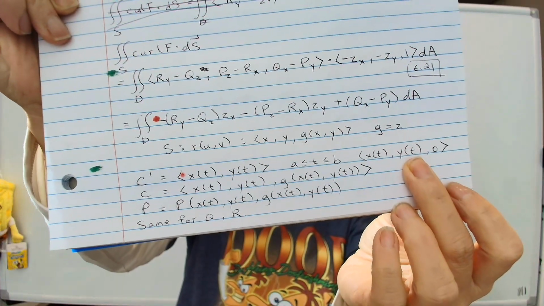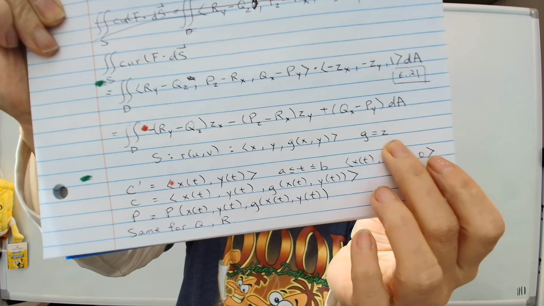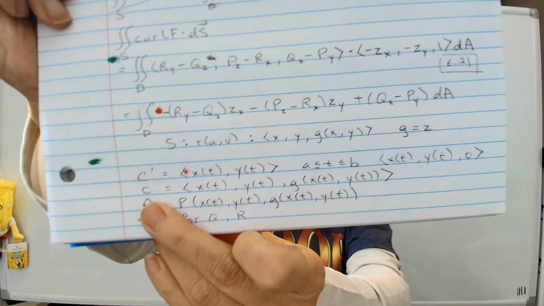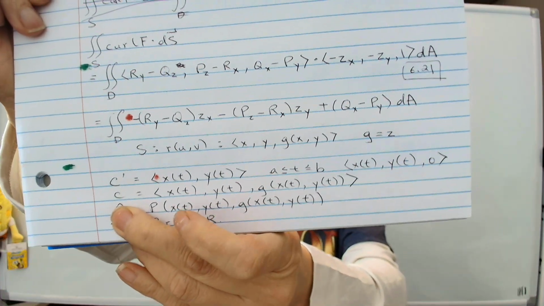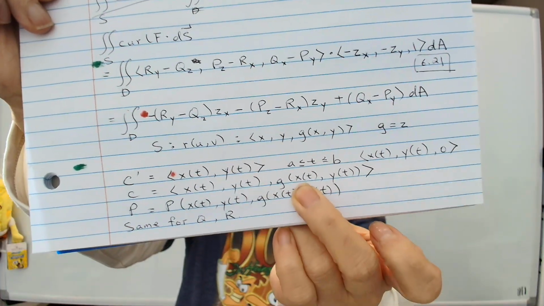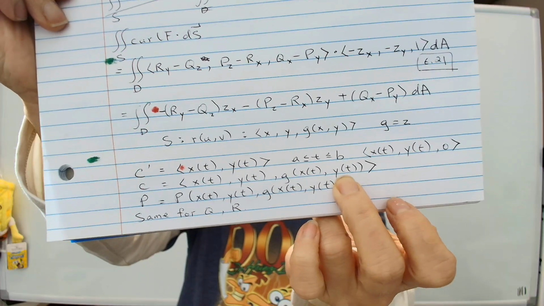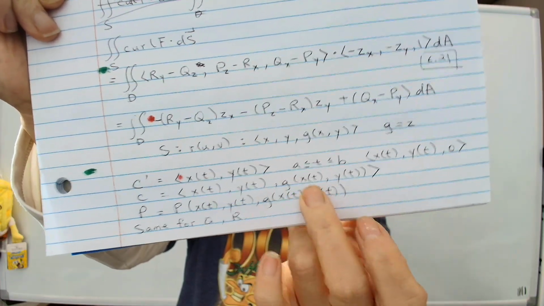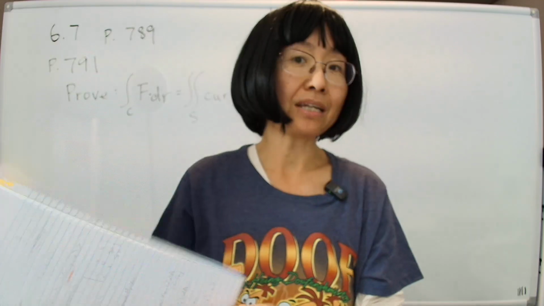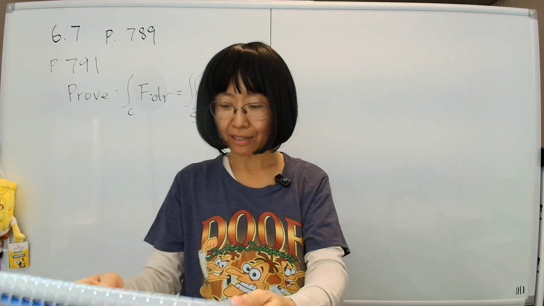Now, if that is true, remember g equals z of (x, y). So then the original boundary on top will be the same thing, except that you plug in the third component, that is the z position, which will be equal to g(x(t), y(t)), because that's where it is, right? It's where g is. So that would be the z component.